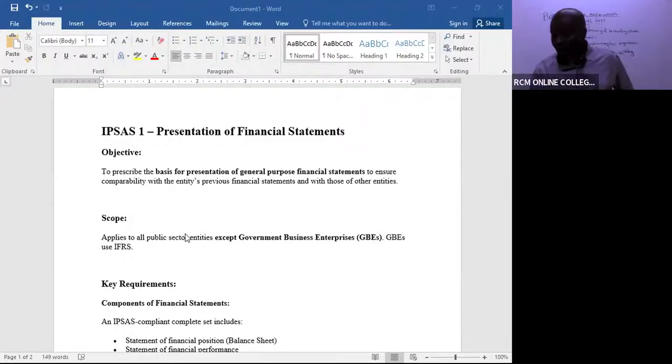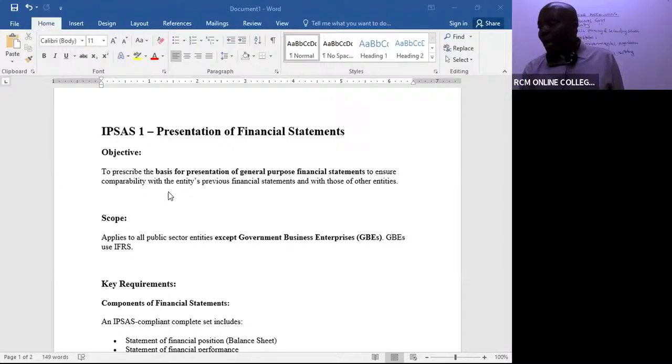So we are told here, IPSAS number 1, presentation of financial statements. The objective is to prescribe the basis for presentation of general purpose financial statements to ensure comparability with the entity's previous financial statements and with those of other entities.